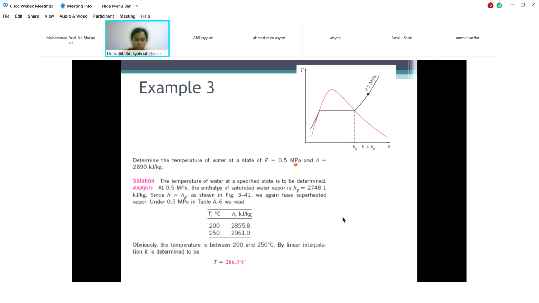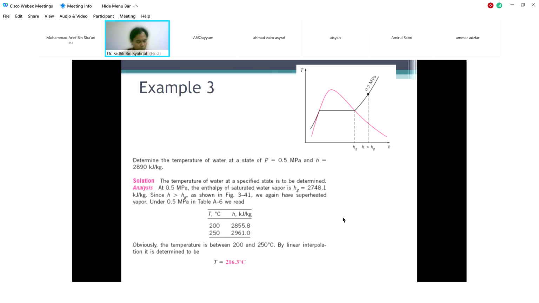Once you get the column P equal to 0.5 megapascal, then on this small column look at enthalpy, because the enthalpy is given here, 2890. For the row of enthalpy, the values at this small column start from 2748 until 5412.